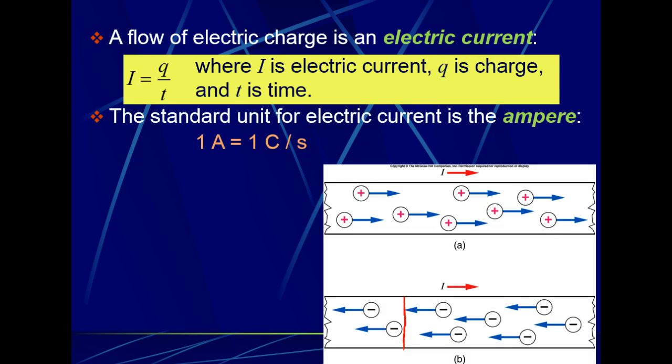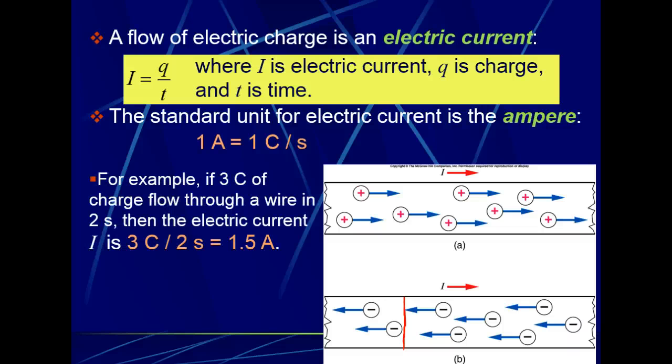We typically use the unit ampere, or amp, which is 1 coulomb per second, where the coulomb is our measurement of charge.